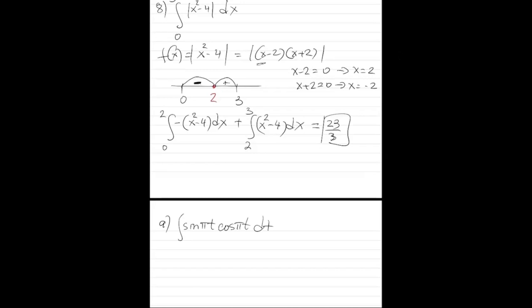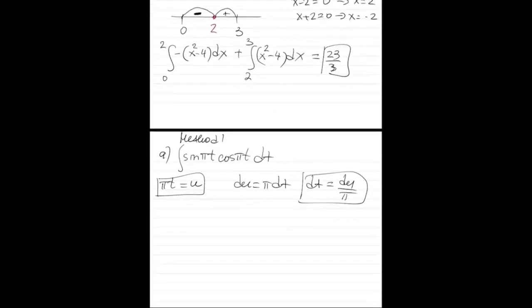So here, method 1. In this method, I'm going to use a substitution and say pi t equals u. Du would be pi times dt, and dt is du over pi. So let's substitute and see what happens with our integral.